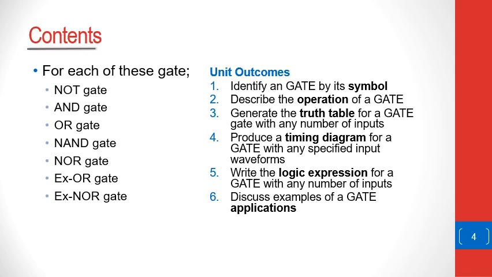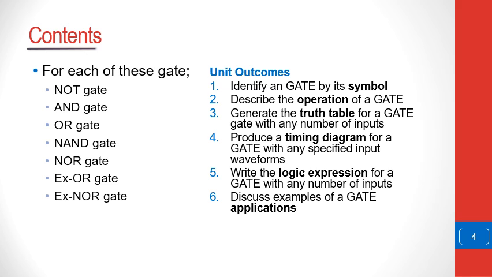Now, as I previously stated, we are going to look at each of these gates, and the student is expected to be able to identify a logic gate using its symbol, to be able to describe the operation of a logic gate, to be able to draw the truth table of a logic gate, that is to understand the operation of a logic gate, to be able to sketch also a timing diagram of a logic gate, that is to indicate a waveform, how given a certain input in form of a waveform, how the logic gate will behave.